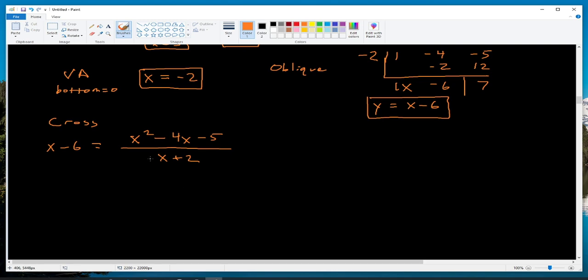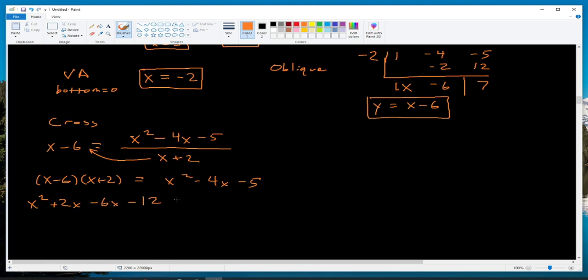So I'm going to multiply the x plus 2 across. So we get x minus 6 times x plus 2 equals x squared minus 4x minus 5. We FOIL it out. We get x squared plus 2x minus 6x minus 12 equals x squared minus 4x minus 5.